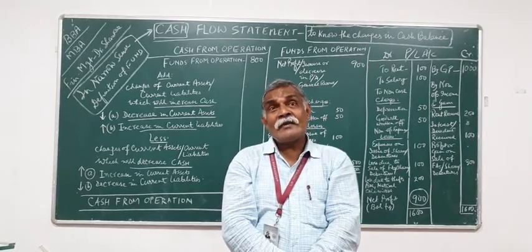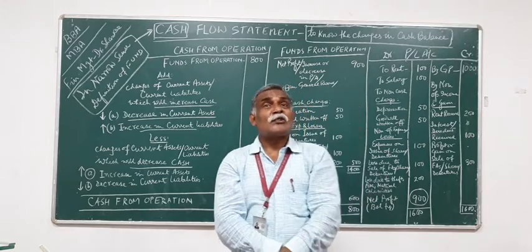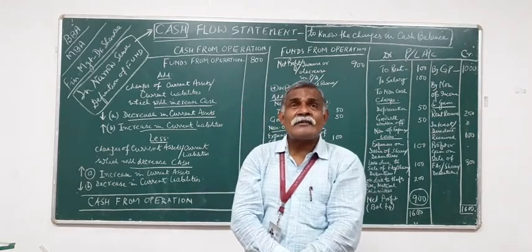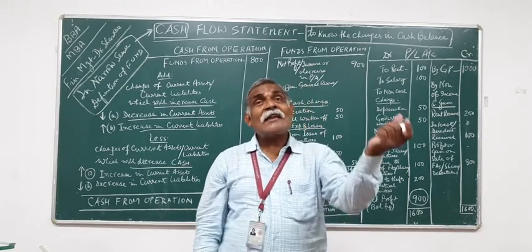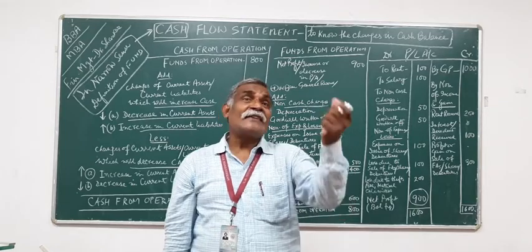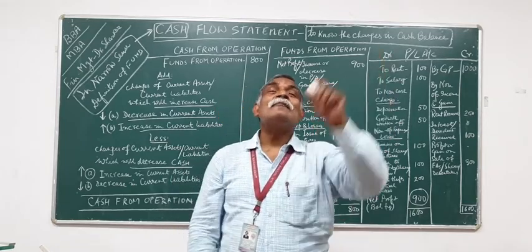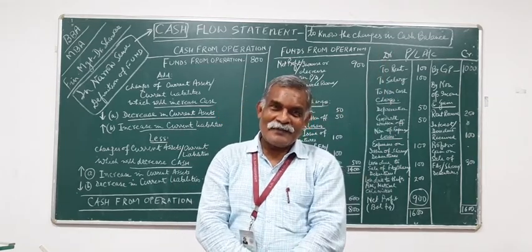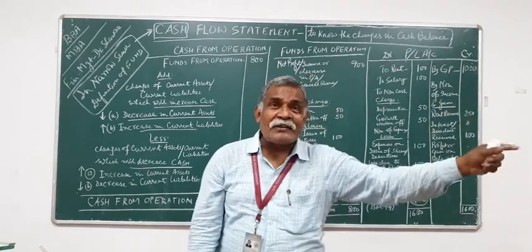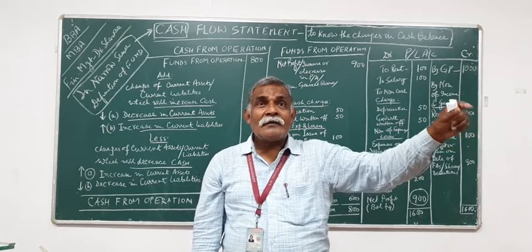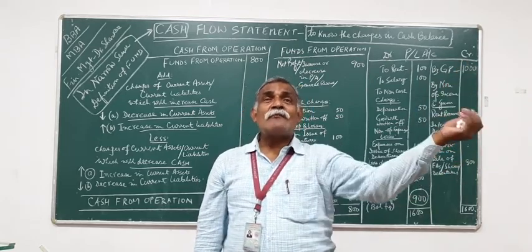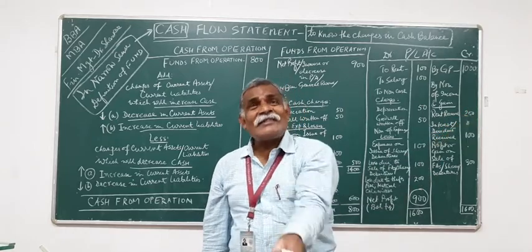And we have to deduct also. Why do we deduct and which element do we deduct? That is non-operating income and gain, which we add on the credit side of the PL account, and that amount increases the net profit.